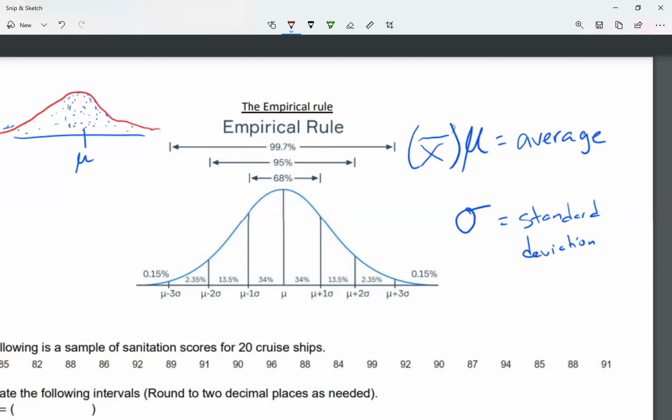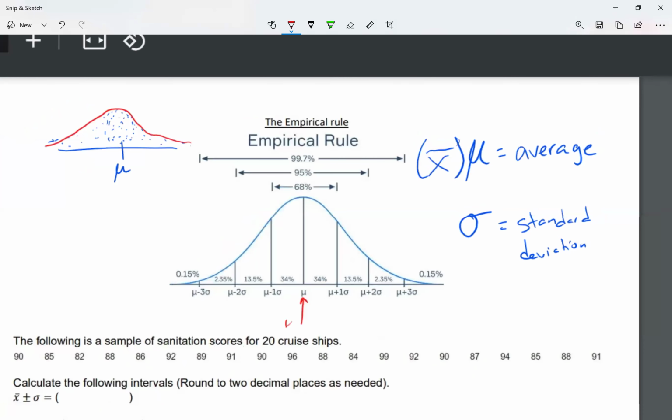Now, the interesting part, I want you guys to focus here in the center. It's our mu, it's our average. Now, if you go from our average plus one standard deviation, and then our average minus one standard deviation, it will give us this area.